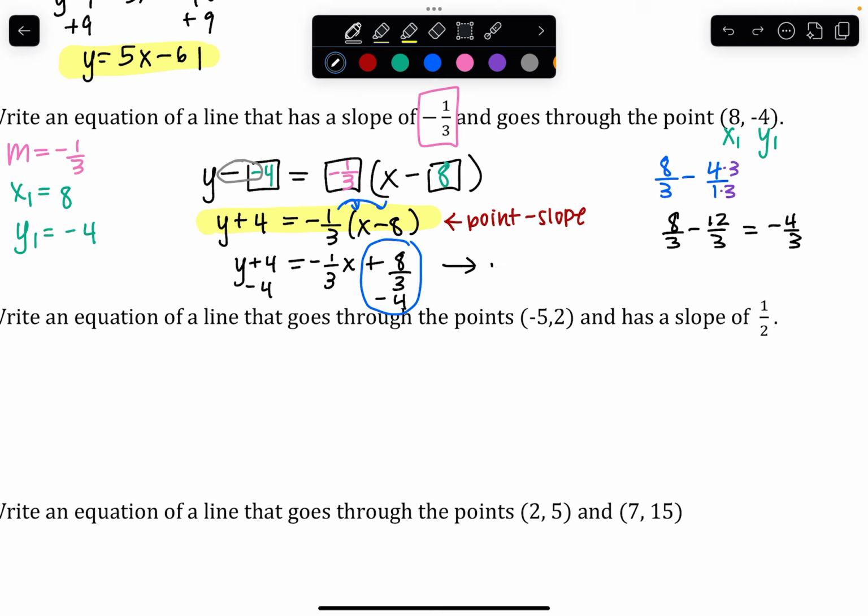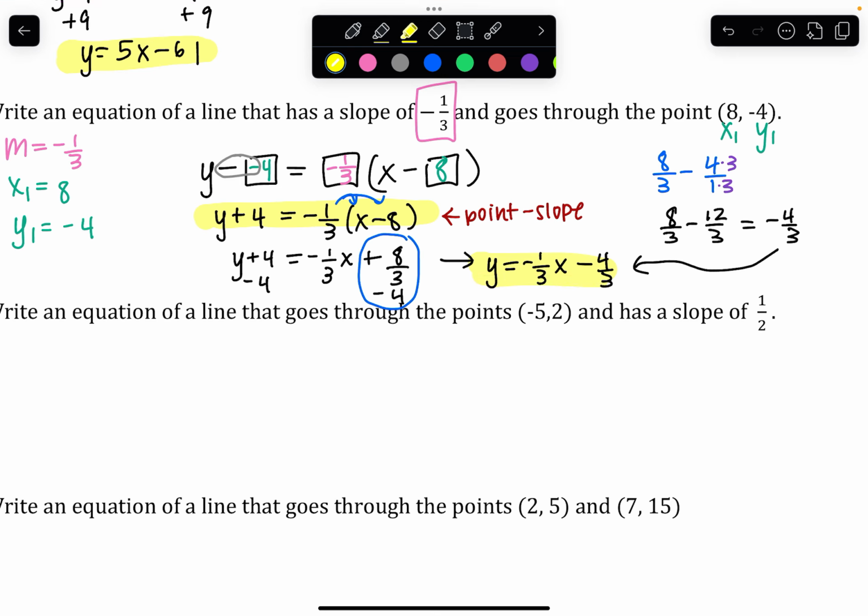Okay, and so our final answer would be y equals negative 1/3 x minus 4/3, coming from there. And so that is the correct slope-intercept form.